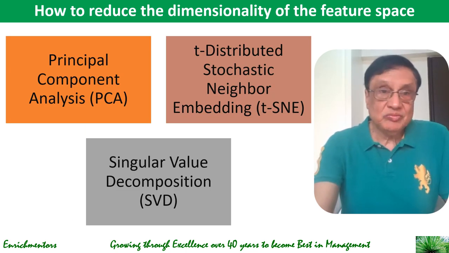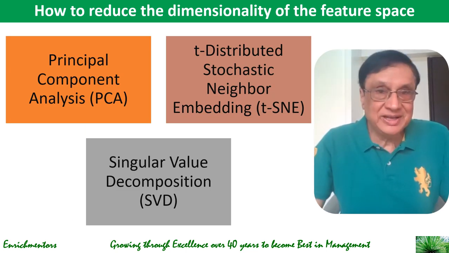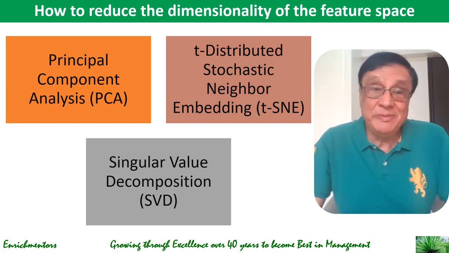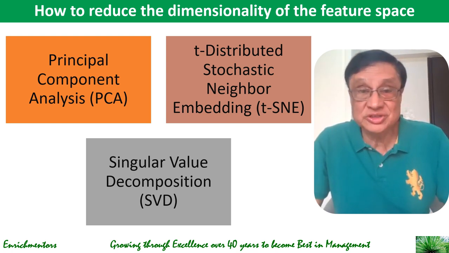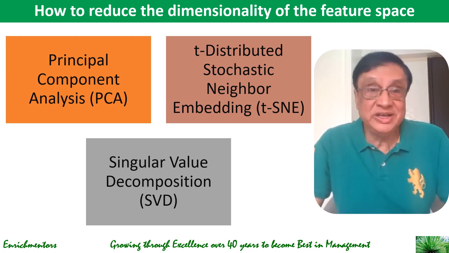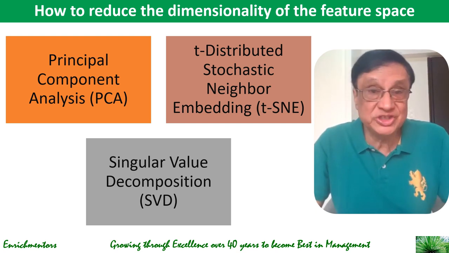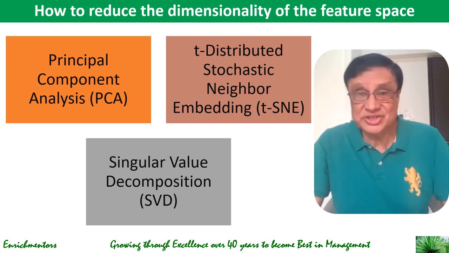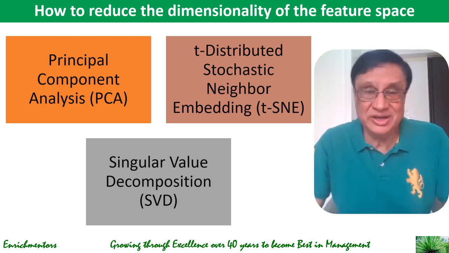Summarizing, we apply techniques like PCA, TSNE, and SVD for dimensionality reduction, and with that you can effectively reduce the dimensionality of your data while preserving important information or structure, facilitating visualization, and improving the efficiency of subsequent machine learning tasks. So remember, dimensionality reduction is not for the sake of dimensionality reduction.